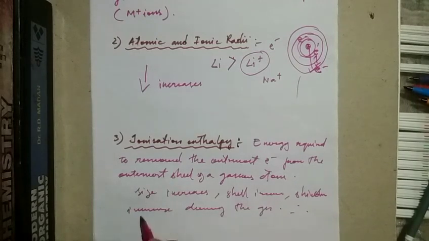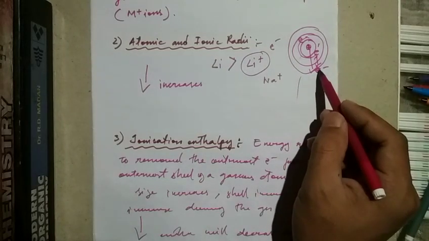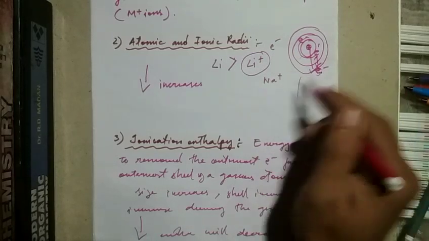Therefore ionization enthalpy will decrease down the group, since it will require less energy to remove the outermost electron if the size is big.